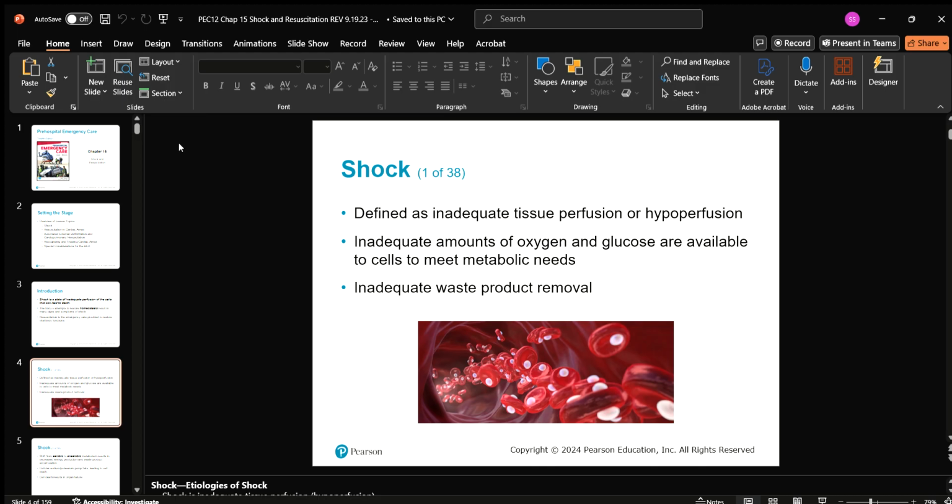You're going from with oxygen to without oxygen, and I might have just mixed those two up a second ago, but your body's moving from a state where your cells have oxygen to where they no longer have oxygen. So they have to rely on a different method to create that energy. Unfortunately, one of the byproducts of that is lactic acid buildup, and that's one of the wastes we mean when we talk about inadequate waste product removal.